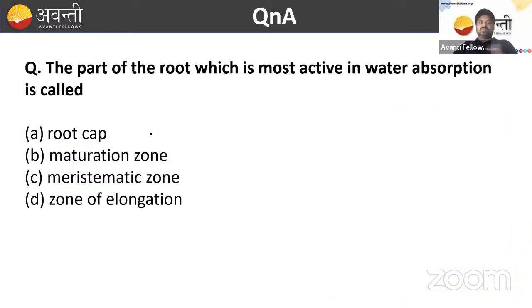Next question, again a very easy question on your screen. The part of root which is most active in water absorption is called? Option A, root cap. Option B, maturation zone. Option C, meristematic zone. Option D, zone of elongation. I'm launching the poll again. Please answer fast.